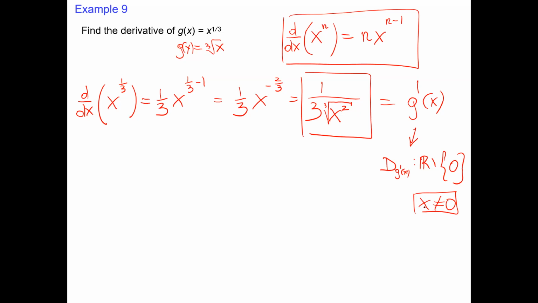At 0, this expression is not defined. At 0, this derivative is undefined. I can say g prime at 0 does not exist because 0 is not in the domain.